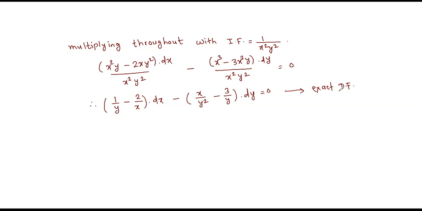Can we check? How can we check? Let us find out. It is an exact differential equation only, but we will check it in the exam. There is no need to check here. Del m upon del y. This is our m, this is our n. So what is the derivative of m with respect to y?